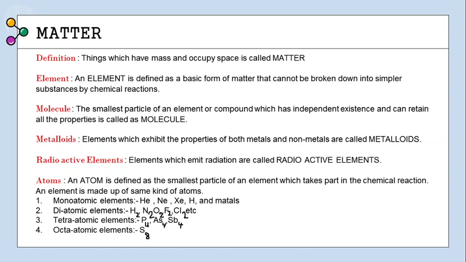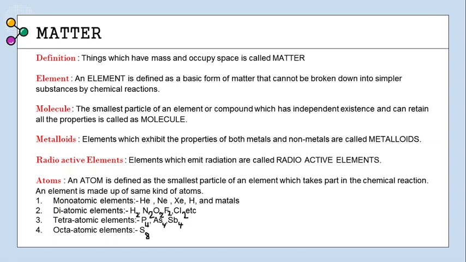Coming to the next one, we have the atom. The atom is defined as the smallest particle. Atoms combine to form elements, then molecules, metalloids, and others. It's the smallest particle of an element which takes part in a chemical reaction. The same kind of atoms make an element.